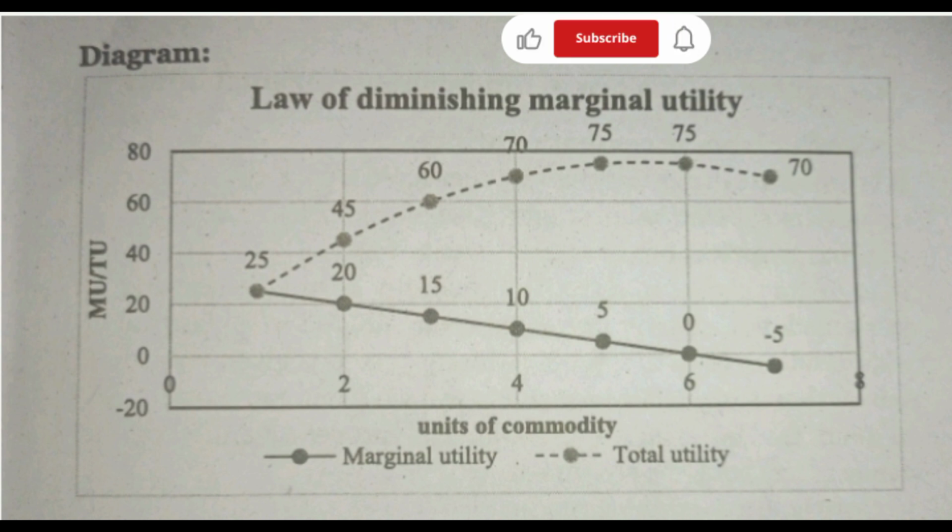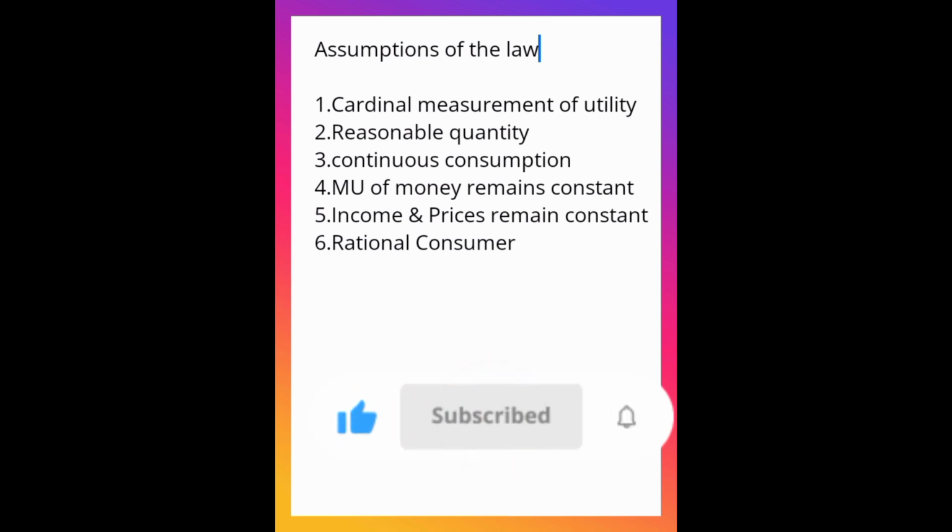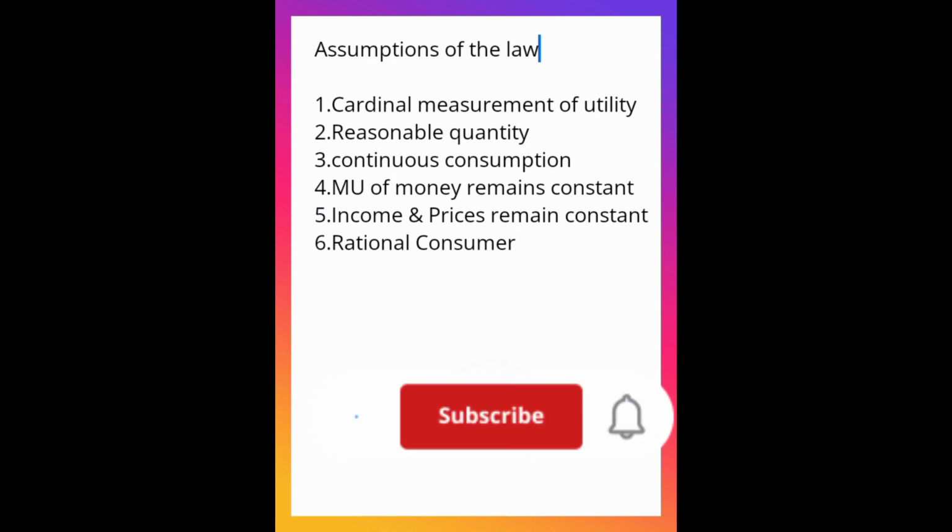We can see that when we use 6 units of apple, our total utility reaches maximum and marginal utility becomes 0. After this, if more apple is consumed, the consumer will get dissatisfaction and marginal utility will become negative.